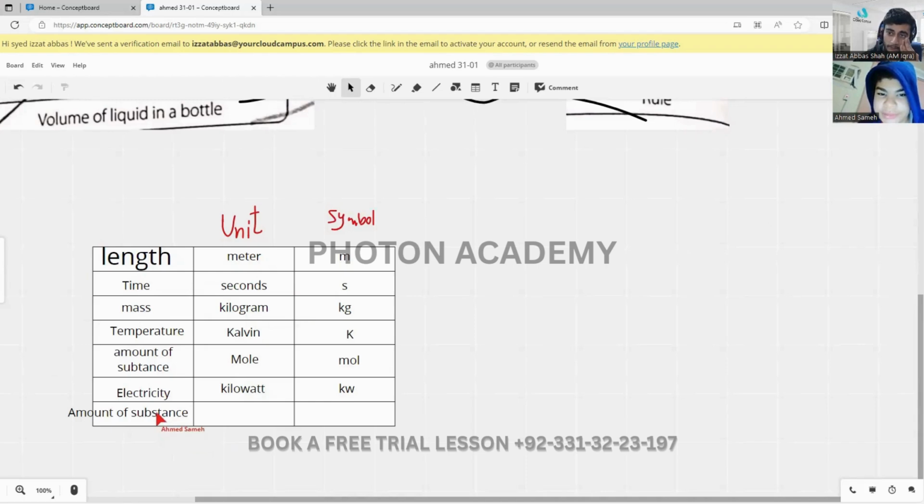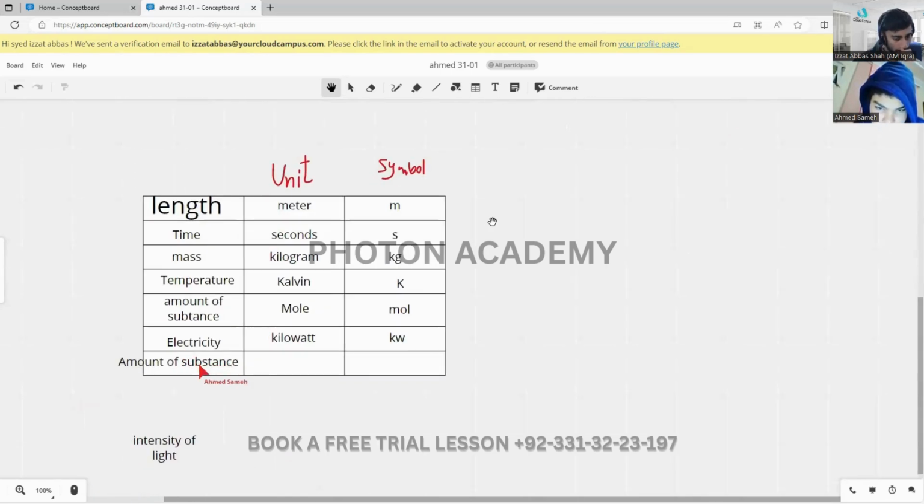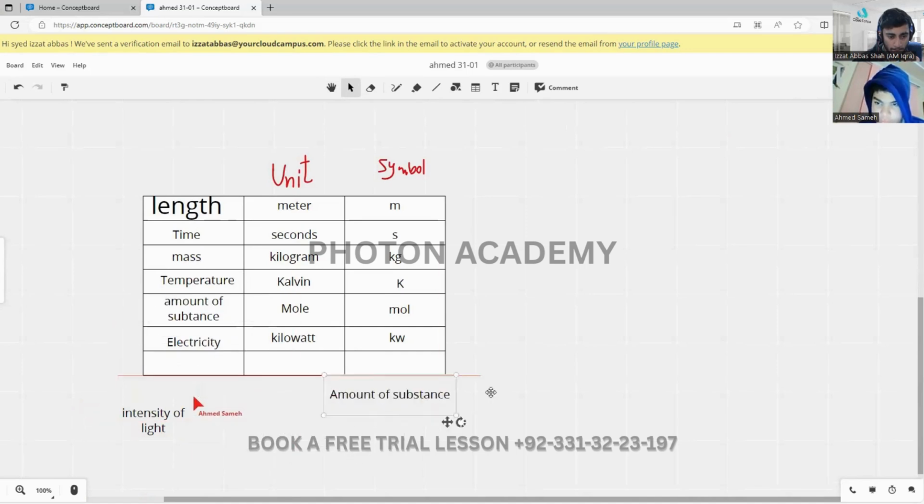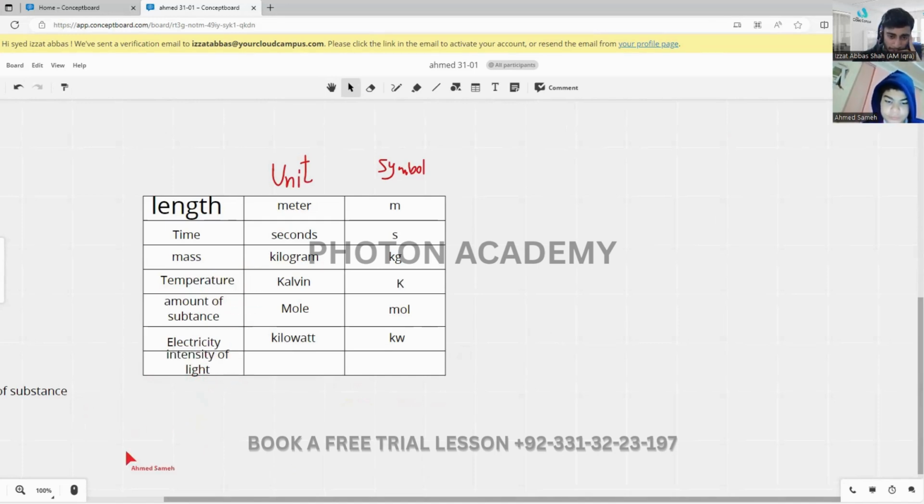But okay, can you delete amount of substance? Yes. There you go. Very good. Perfect.